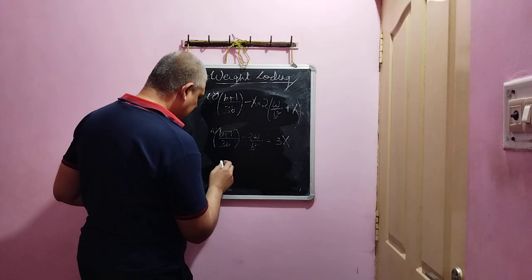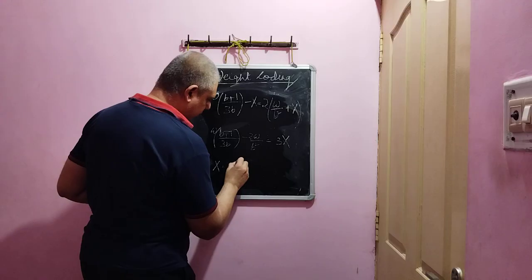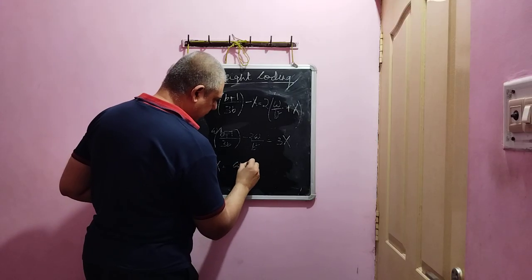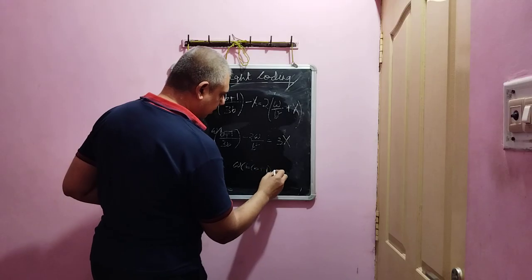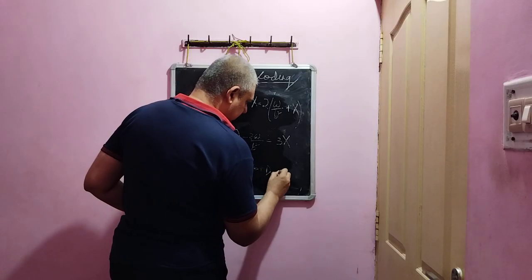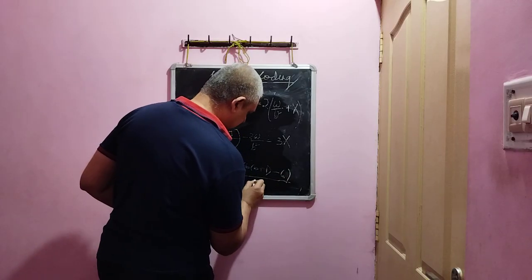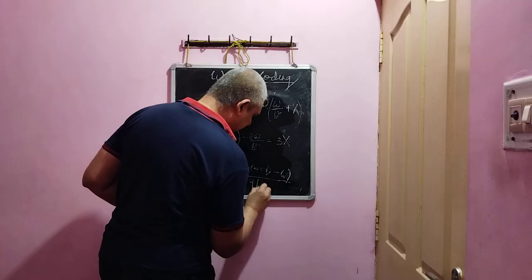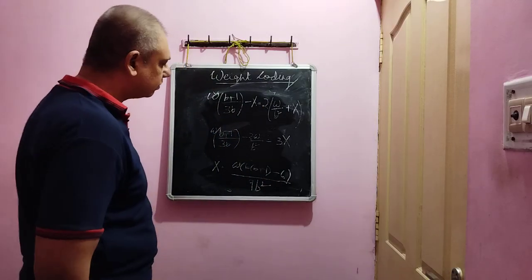That should give you X is equal to W times B into B plus 1 minus 6 by 9 times B square.